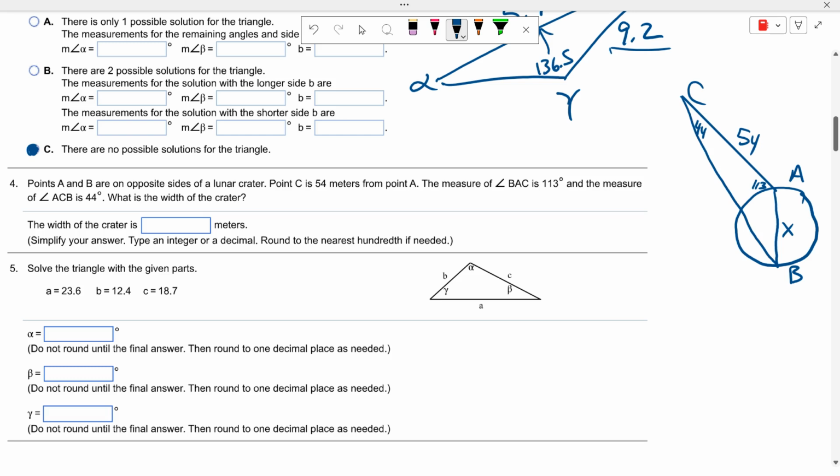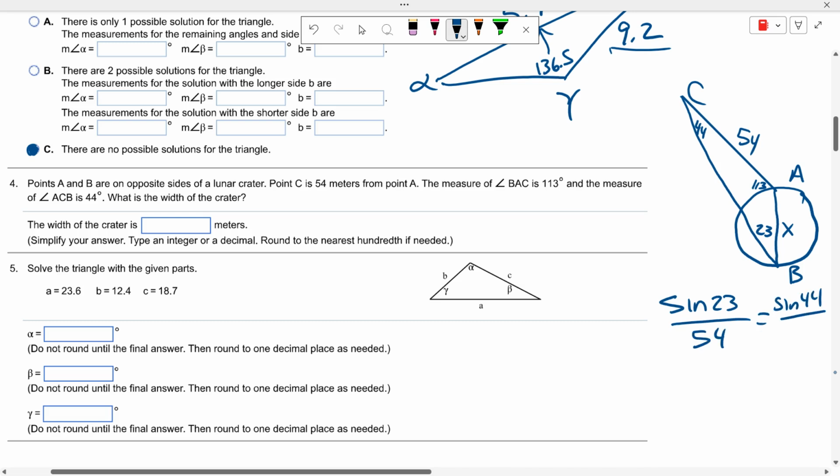How do I find angle B? Add 44 and 113, which is 157. Subtract it from 180, and you get 23. Okay. So the sine of 23 over its opposite side, 54, equals the sine of 44 over its opposite side, x.